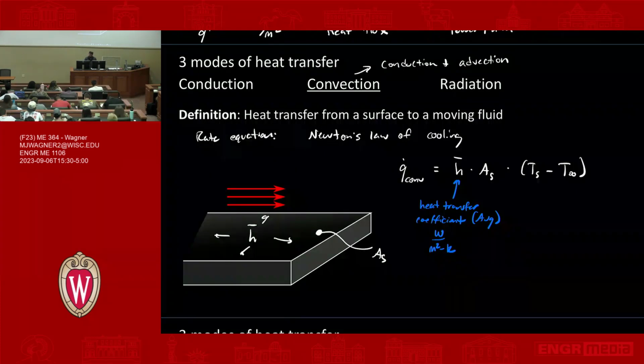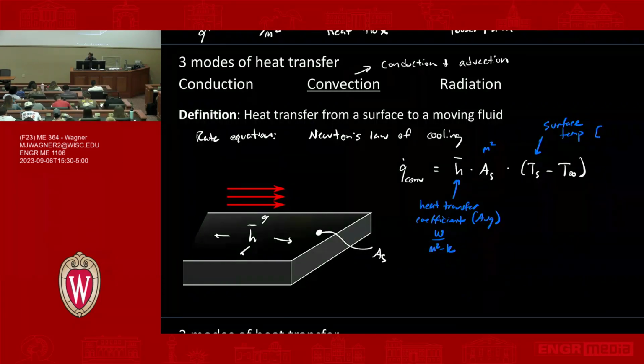A_s is your surface area, in meters squared. T_s is going to be your surface temperature. That could be Kelvin, Celsius, whatever. It's better to stick with Kelvin pretty much for everything.